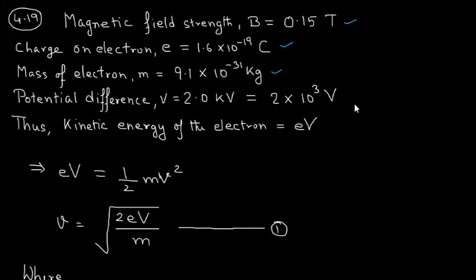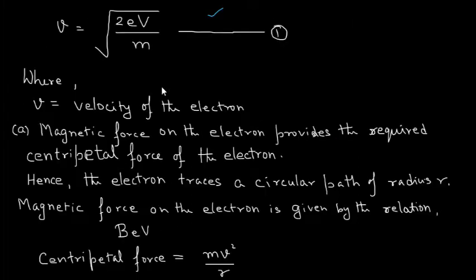Potential difference V is equal to 2 kV is equal to 2 multiplied by 10 to the power 3 V. Thus, kinetic energy of the electron eV is equal to half mv square. Therefore, v is equal to under root 2eV by m. This is equation 1, where v is the velocity of the electron.